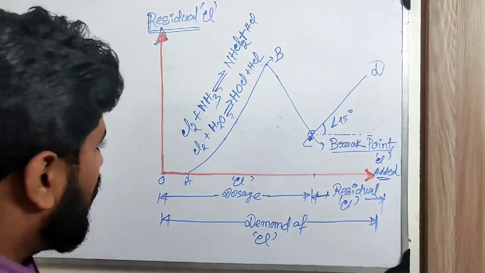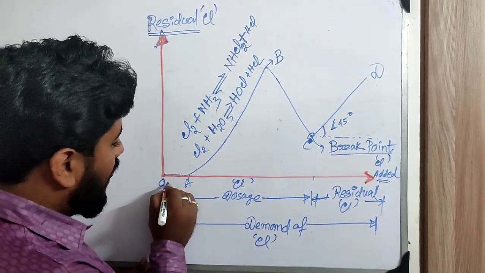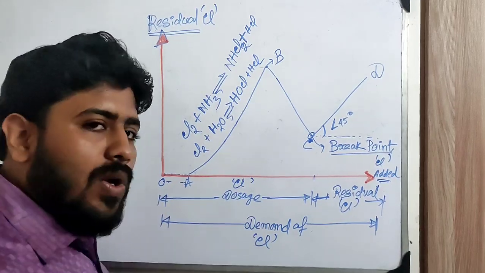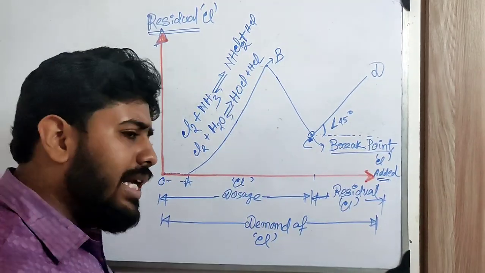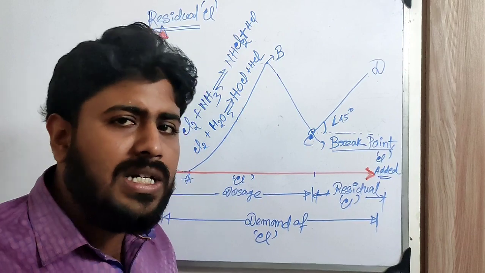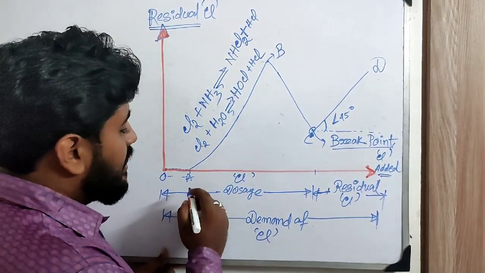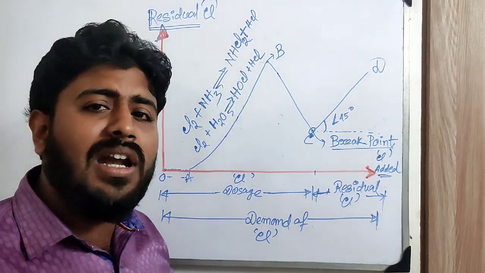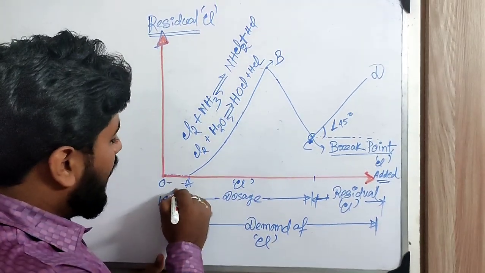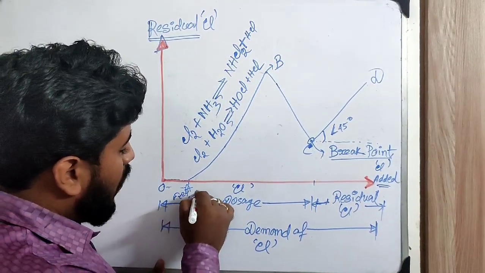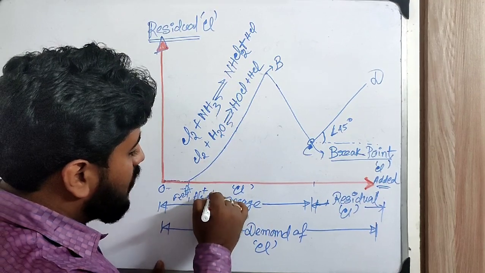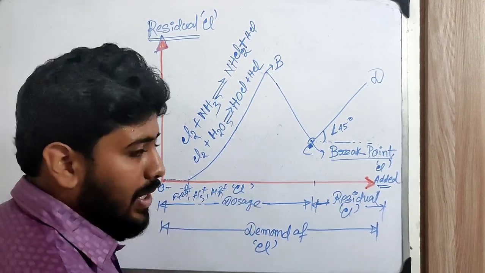Now, you can see the graph is flat in this OA zone. Why? Because in this zone, there are reducing agents present. What are the reducing agents? Reducing agents are multivalent metallic cations like ferrous Fe2+, or aluminium Al3+, or manganese Mn2+.